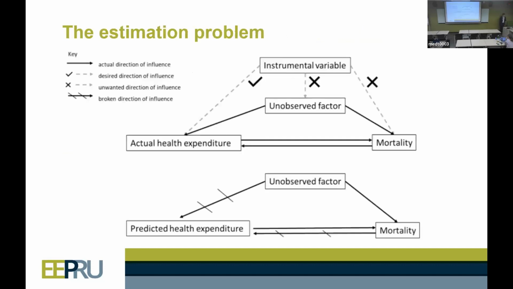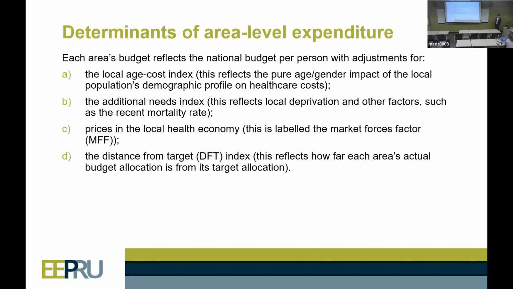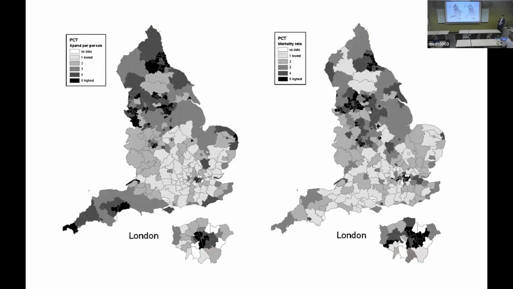Because of parts A and B in the previous slide, this is why we get that positive association between healthcare expenditure and mortality. Particularly part B, when we're thinking about additional needs: it's deprivation that drives the fact that money is allocated to these areas, and it's deprivation that drives the fact that the age standardized mortality rate is higher in these areas as well.